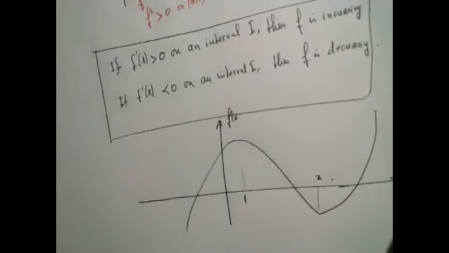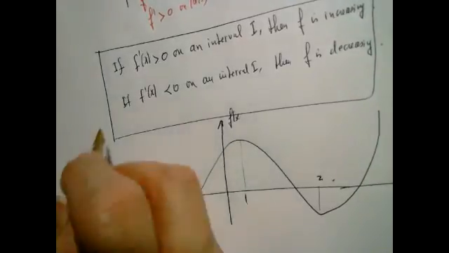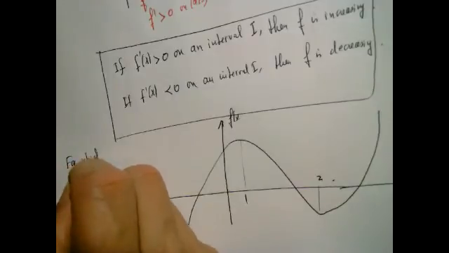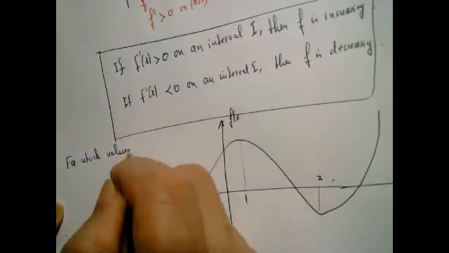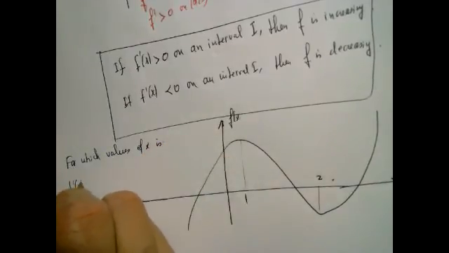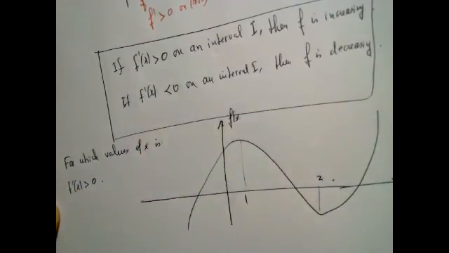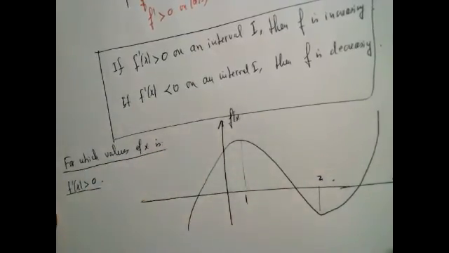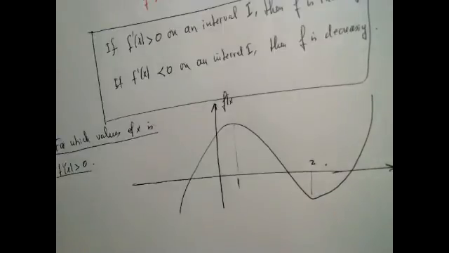Okay, so that's my function. And the question is, for which values of x is f prime of x positive? Okay, so instead of asking you questions about the function, I'm asking you a question about the derivative. It's simple. So for which values of x is the derivative positive?